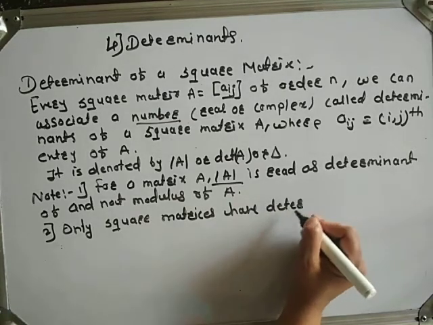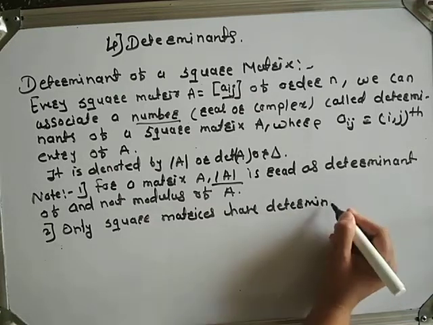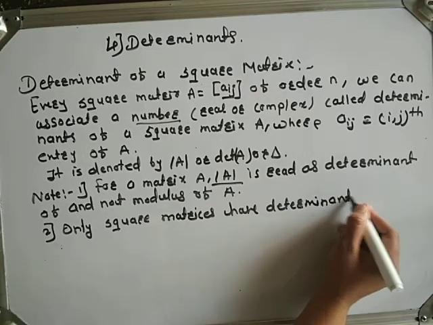Square matrices means matrices which have the same number of columns and rows.